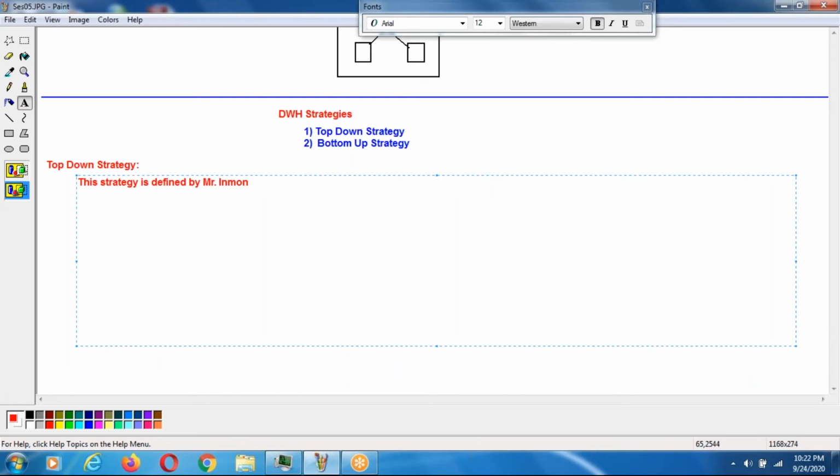He is basically a database expert. He faced problems in databases, and to overcome them, he introduced the data warehouse. This strategy can also be called the Inmon methodology.